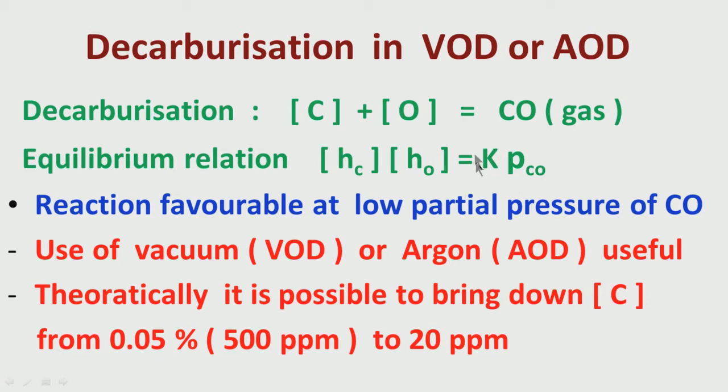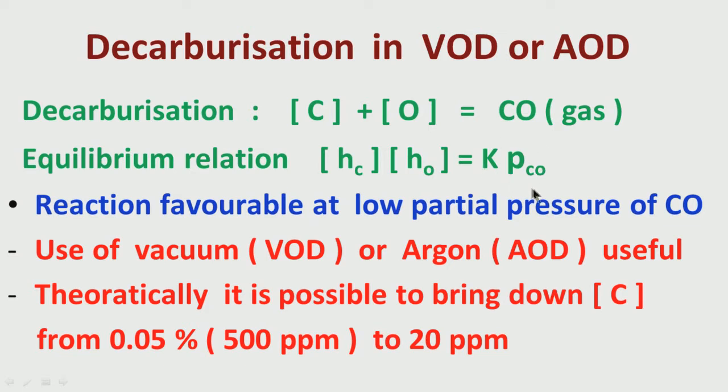Now, this constant K, I have discussed earlier. For any reaction, it depends on the particular temperature, because this is a thermodynamic factor. So at a particular temperature this is fixed.